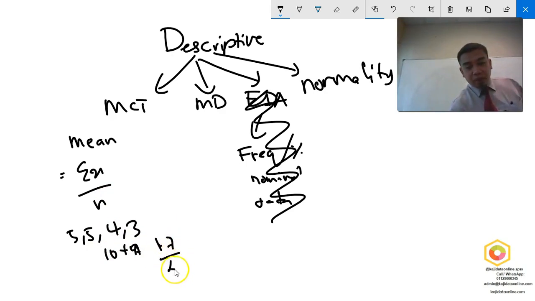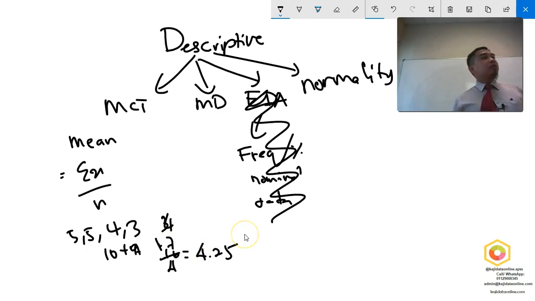So 17 divided by 4, you get 4.25. Correct or not? Or you're not sure? Or you forgot where you put your calculator? Never mind. But you understand already, the mean is actually the average. Okay, that is the first one.